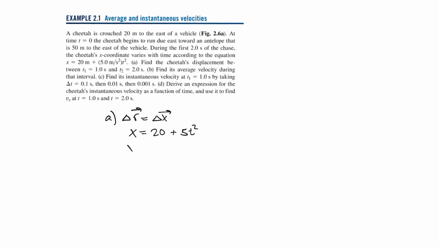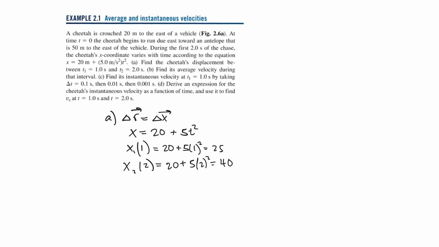into the equation. x at time 1, which is 1 second, equals 20 plus 5 times 1 squared equals 25. And then x2, which is at time equals 2, equals 20 plus 5 times 2 squared, which is 5 times 4, which is 20, so we get x2 equals 40.